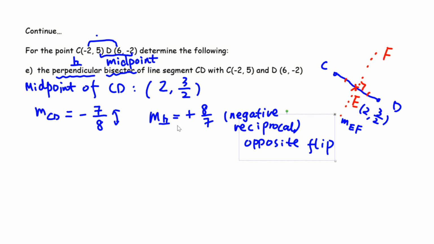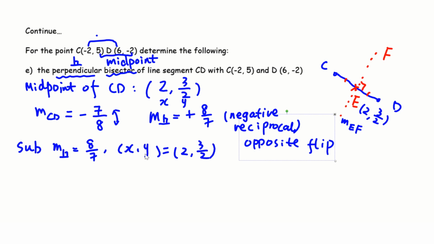We have one point, x and y, and we have the slope. We can sub the slope and the point into the slope y-intercept form. So we find the slope, then we find the b, into y equals mx plus b.